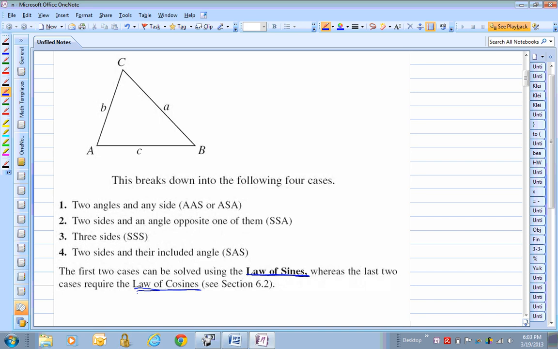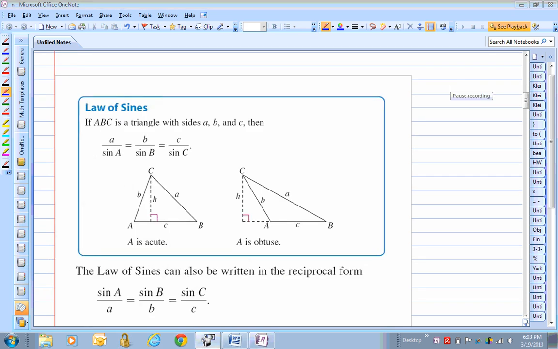All right, the laws of sine are noted by the following information. If we have triangle ABC with sides lowercase a, b, and c, then we can use side a over sine of angle A equals side b over sine of angle B equals side c over sine of angle C. Now, you're going to use two of these at a time.